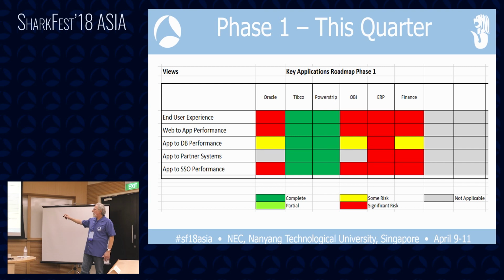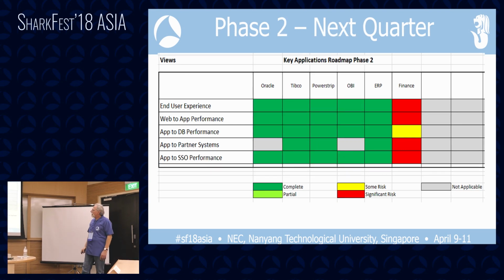PowerStrip, so we're saying, okay, phase one, Mr. Manager, I think we need to address visibility for these two applications because they're so important to the business and there's so much risk. Phase two is I'm going to take care of Oracle, OBI, and ERP. I'm going to save finance for later. Now, this was a strategic mistake in my presentation.